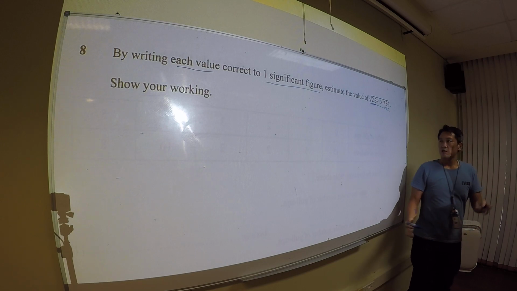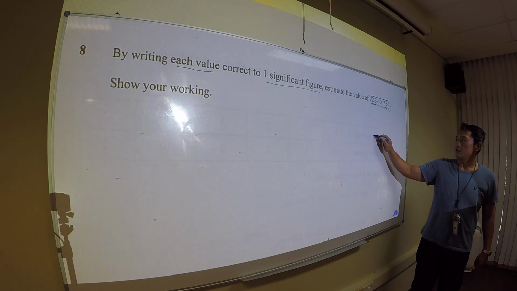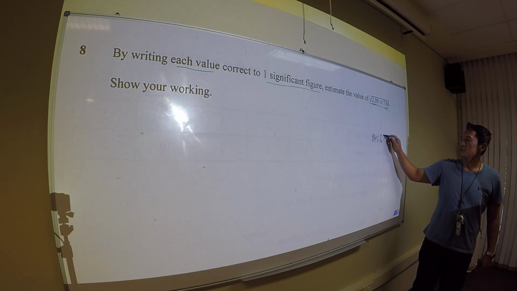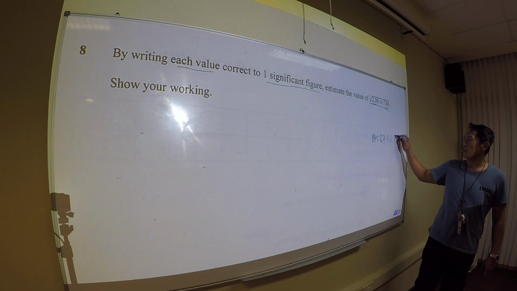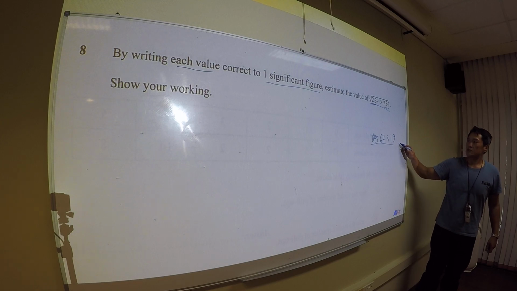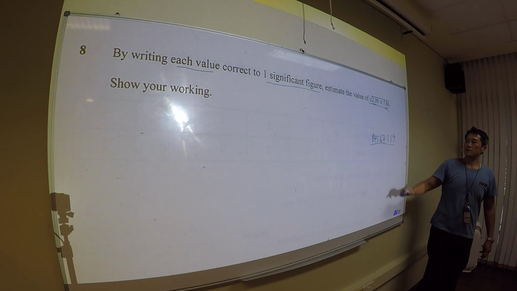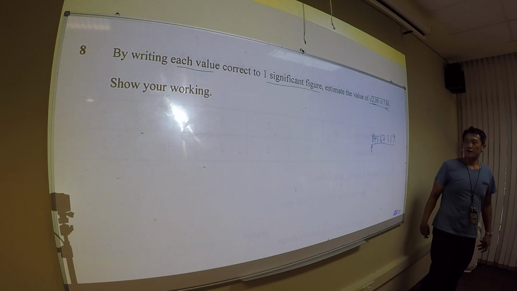They want you to write each of these numbers to one significant figure. Significant figure for a string of numbers, don't care whether got decimal point or not. 8, 4, 5, 6, 7, 3, 1, 9. If you have a string of numbers, the most significant digit that can tell you roughly what this number is, is the number to the left.